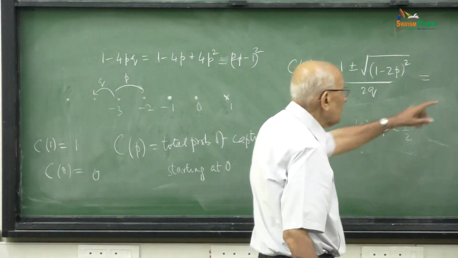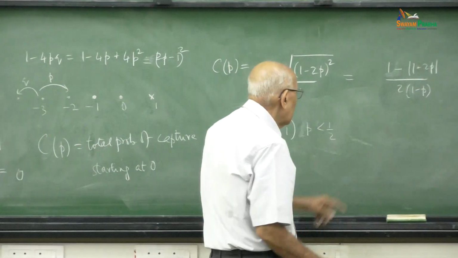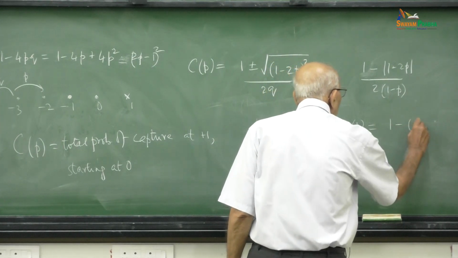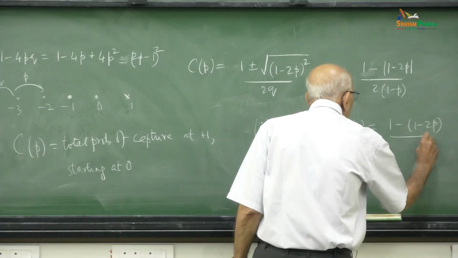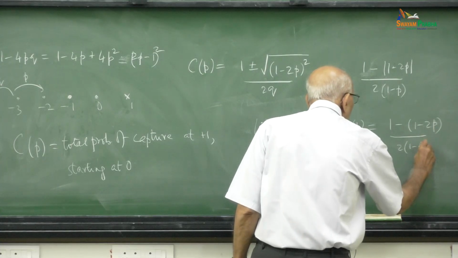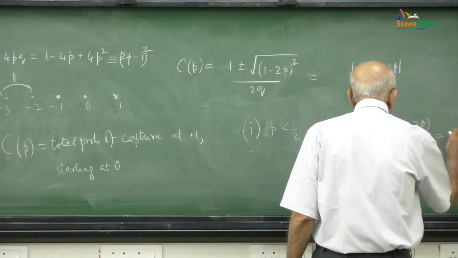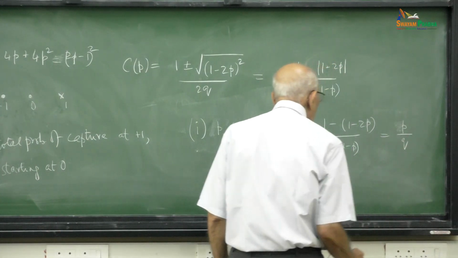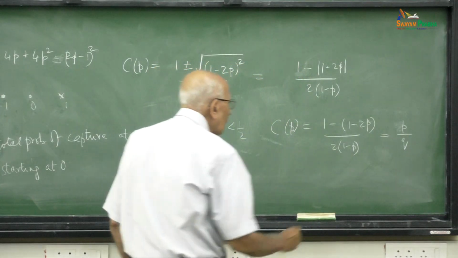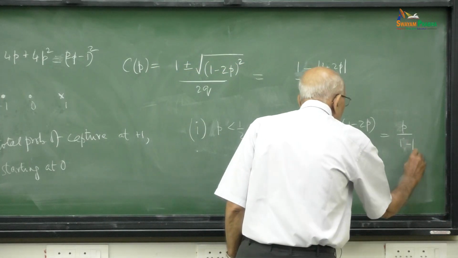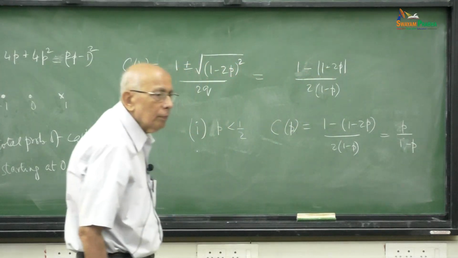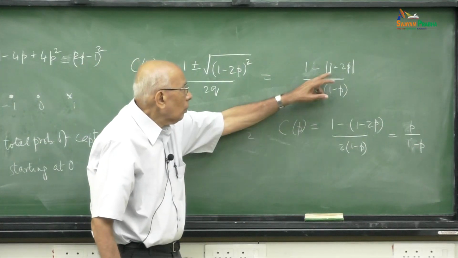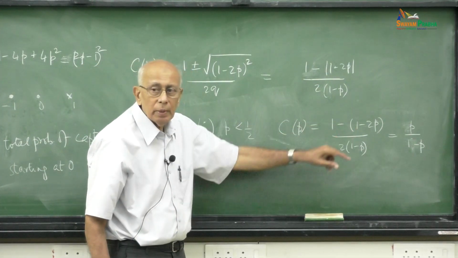So the modulus is just 1 minus 2p. So C of p is p over 1 minus p. Because mod 1 minus 2p becomes just 1 minus 2p.